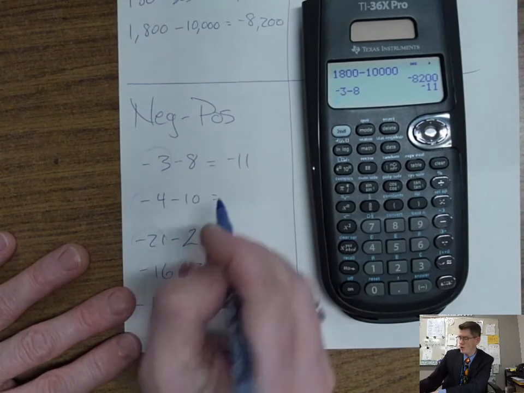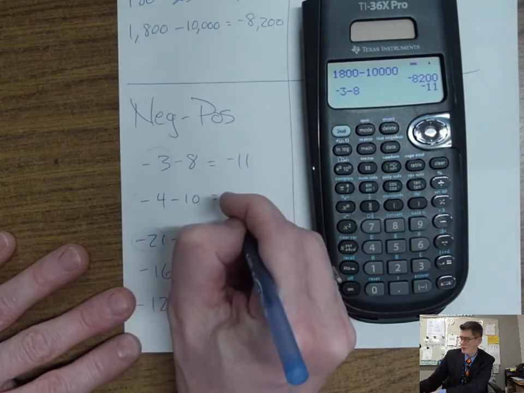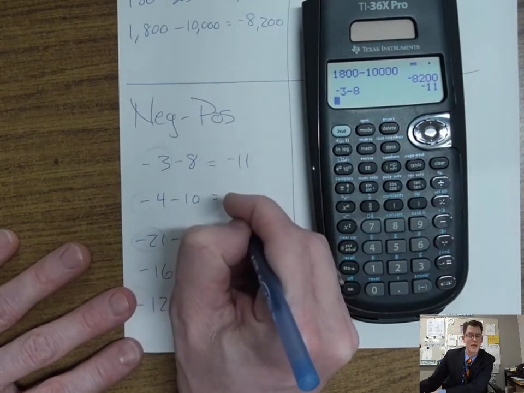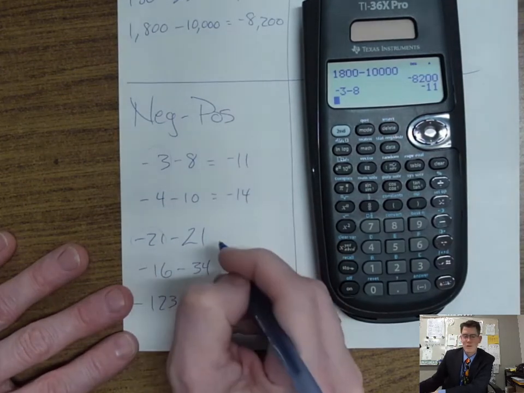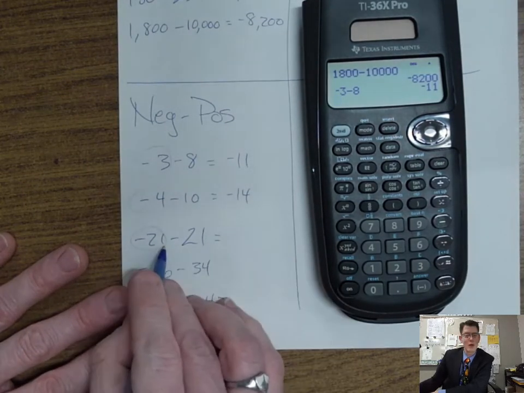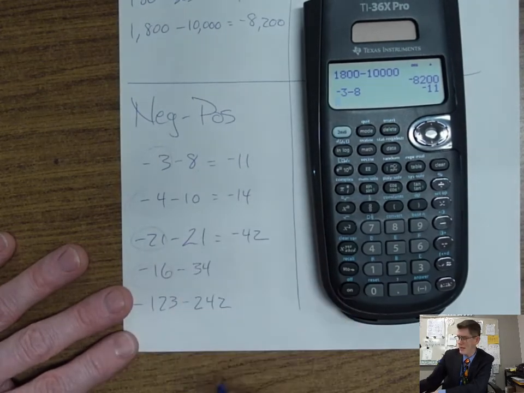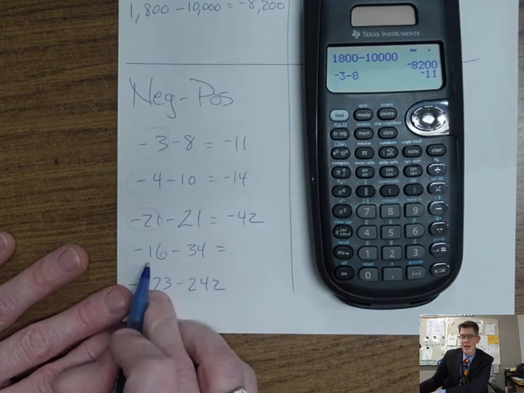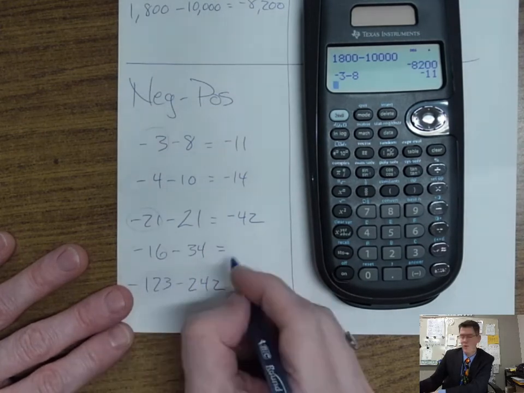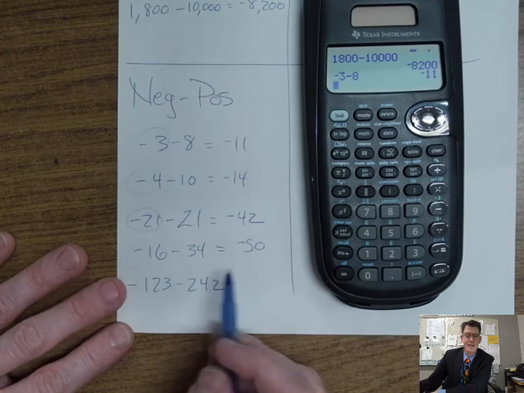-4, if you start at -4 and you go 10 more down into the negatives, it's really like what you did with positive numbers, just going in that opposite direction, to -14. Use your calculator if you'd like. -21, and then you minus 21 additional ones off of that, you're at -42. And if you start at -16, subtract off 34, your calculator will give you -50.